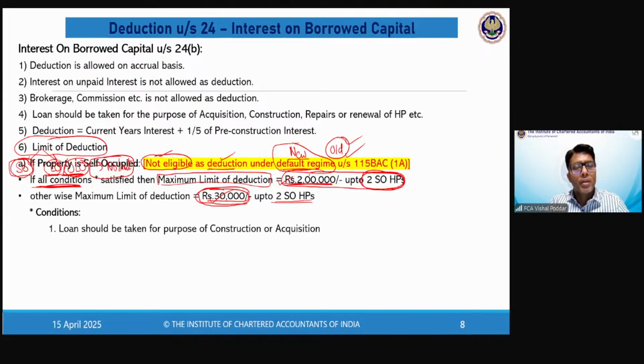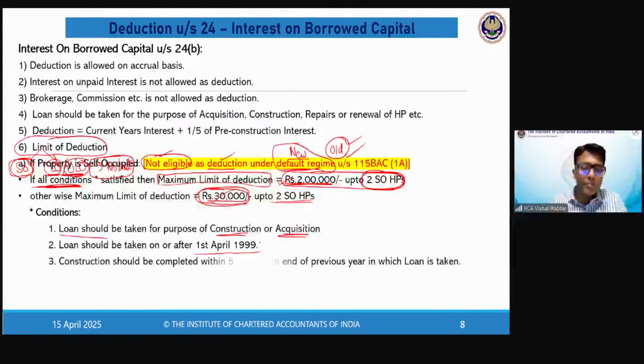What are these conditions for getting the limit of 2 lakhs? First, you have taken loan either for constructing the property or purchasing. So only for these two reasons, if loan is taken, the limit is 2 lakhs. If the loan is taken for repair, renewal, renovation, or some type of alterations, then the maximum limit will be 30,000. Second, the loan is taken after 1st April 99.